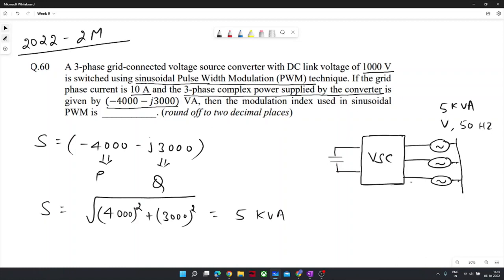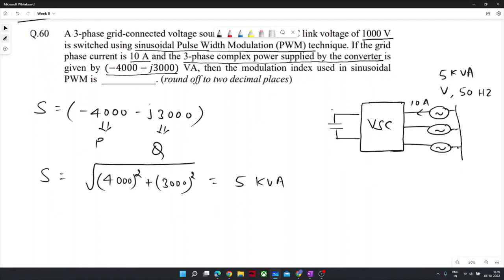And now we are given the phase current. The phase current is 10 ampere, and we can compute the voltage. Whatever voltage will be on this side, on the AC side, this is AC and this is DC.